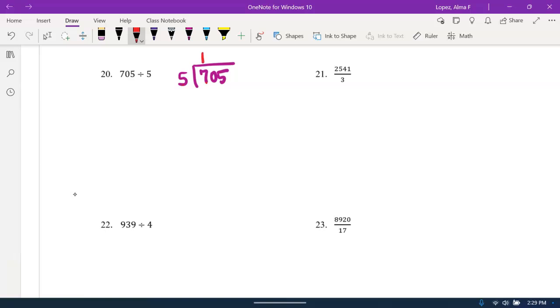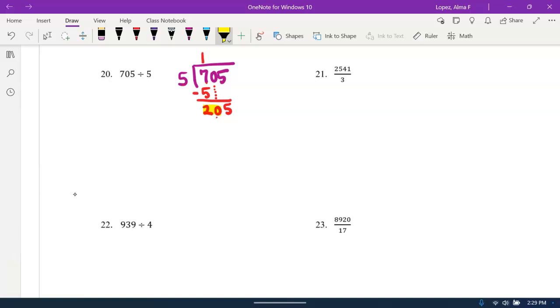Then you distribute. 1 times 5 is 5, and then you subtract. 7 minus 5 is 2, and then you have to bring another number down, or actually I bring the whole thing down. Okay? Now, does 5 divide into 2? No. So we look at the first two.